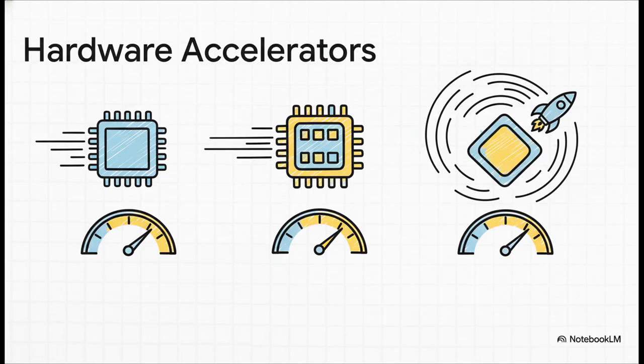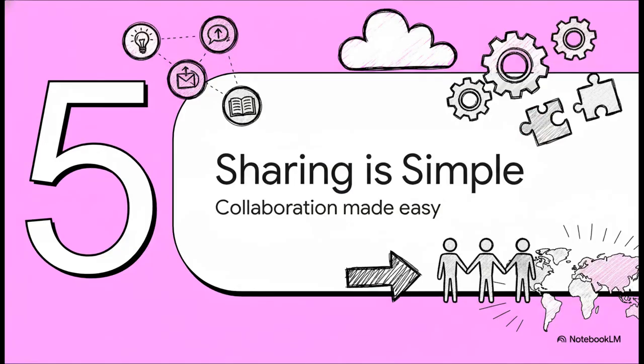But Colab lets you, for free, switch to a super fast GPU, which is the workhorse of modern AI. You can even use a TPU, which is Google's own custom-built chip for AI. This is professional-grade power that usually costs a lot of money, and you get it with just a couple of clicks. It's incredible.